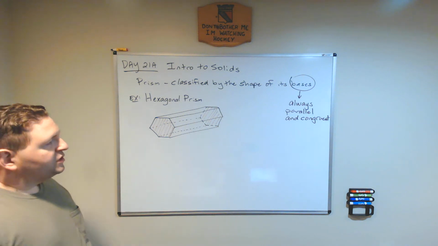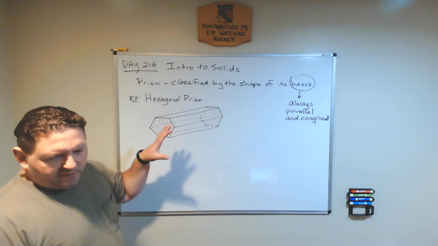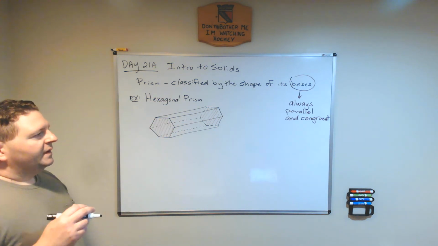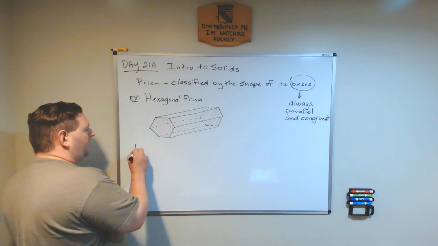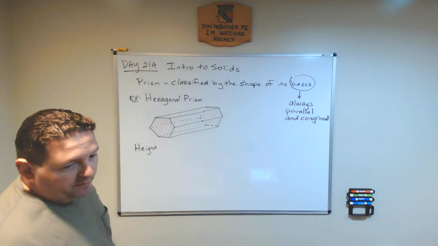Now the dimensions. We'll do different things depending upon what shape the base is, but the key thing to remember here is the height. The height, again, goes with the whole idea of it being a trap.